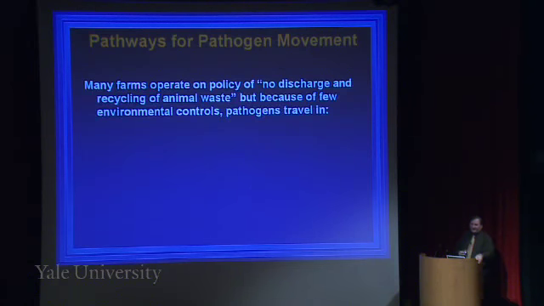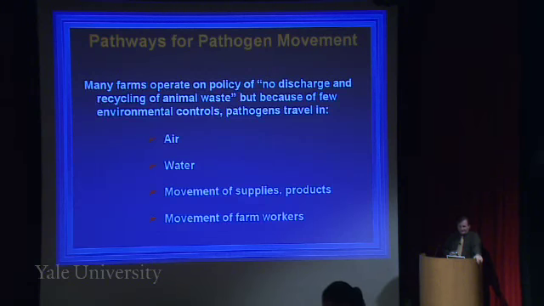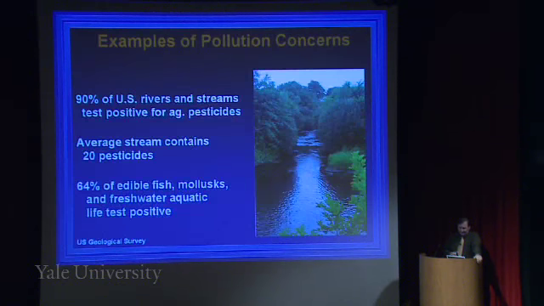The impact on the environment is considerable, and there's a lot of concern about how the pathogens in these things move through air and water and movement of human beings. Here are some statistics that show just how severe the pollution can be. 90% of US rivers and streams test positive for these things.